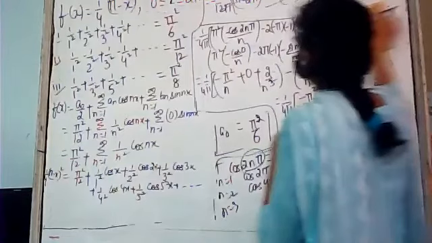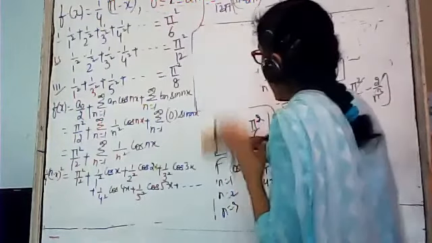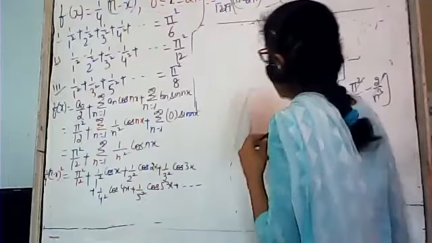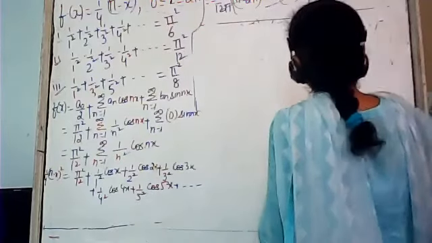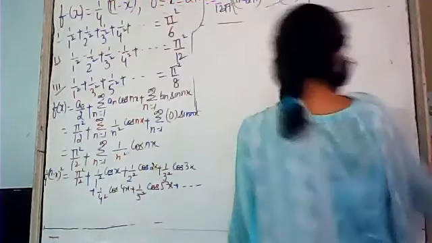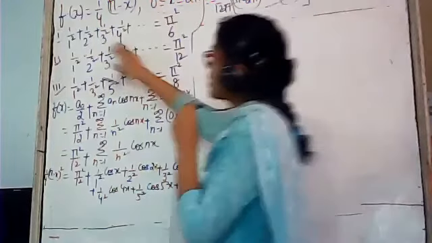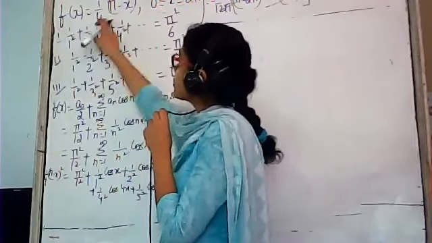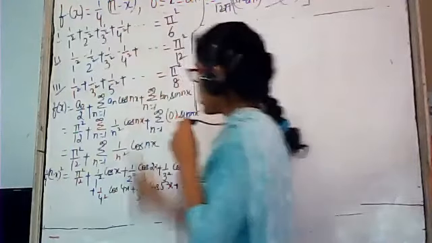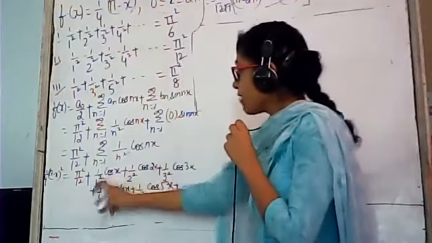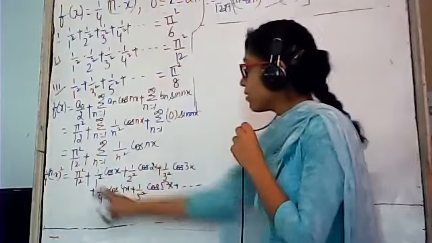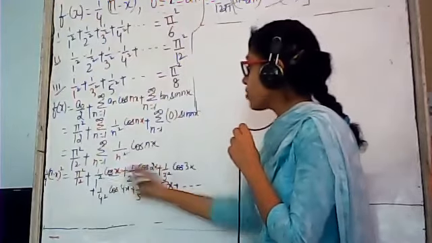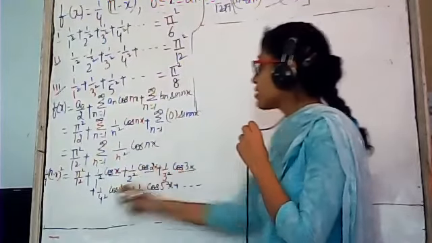After that, we have to write the results as we are given. How to write these results? Look, in result number 1, you need 1 upon 1 square, 1 upon 2 square, 1 upon 3 square, 1 upon 4 square. But you don't need these cos x, cos 2x, cos 3x.